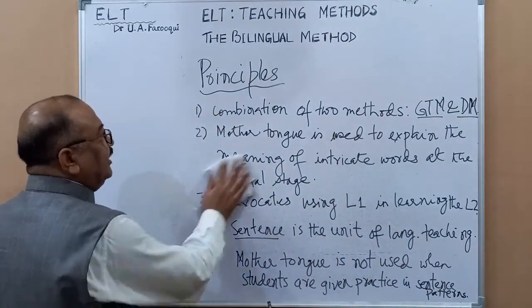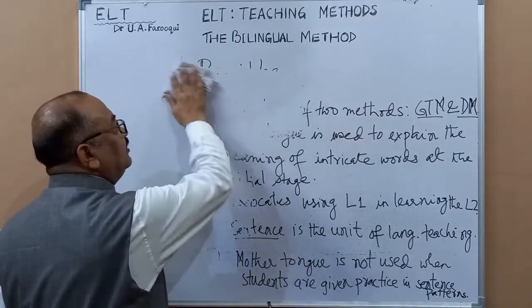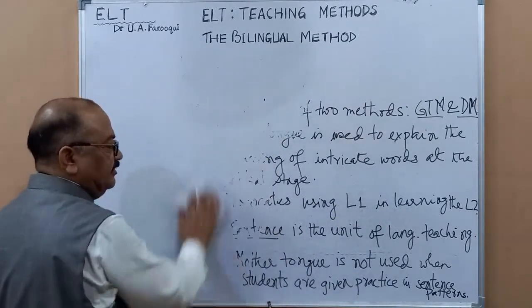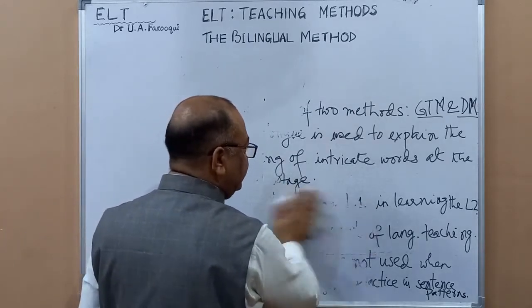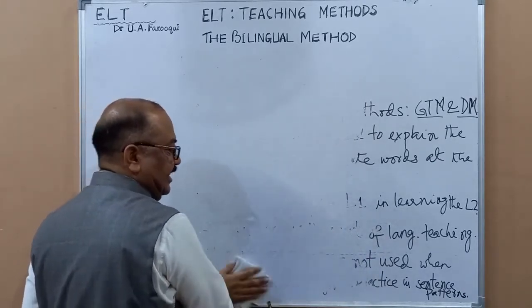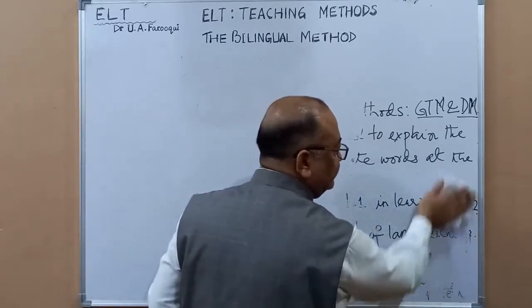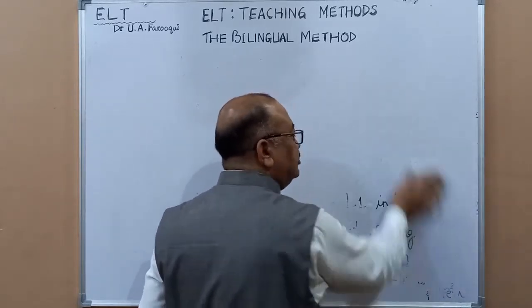I've been telling you again and again, whenever you are asked what you understand by the bilingual method, or the direct method or the grammar translation method, you are supposed to discuss the principles, then advantages and disadvantages.